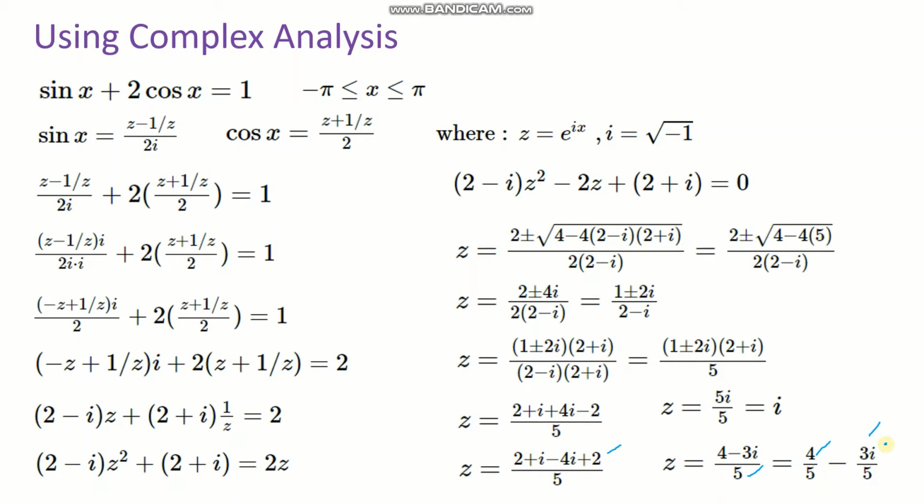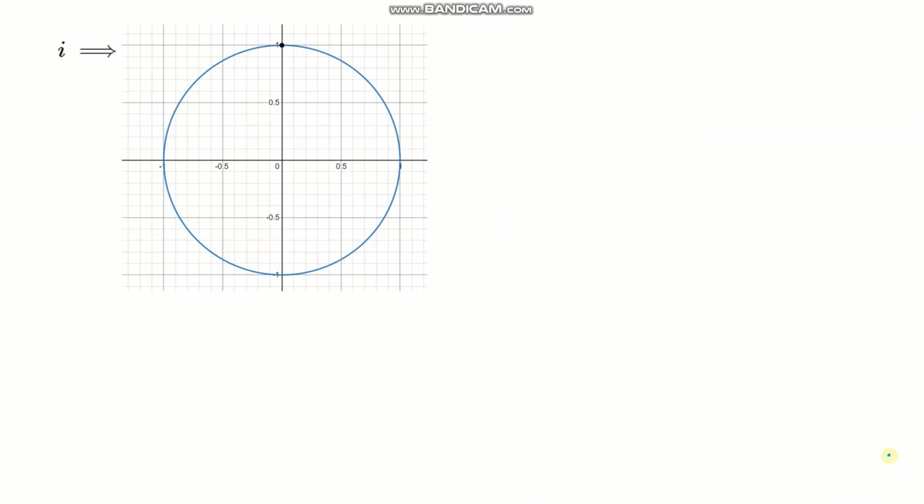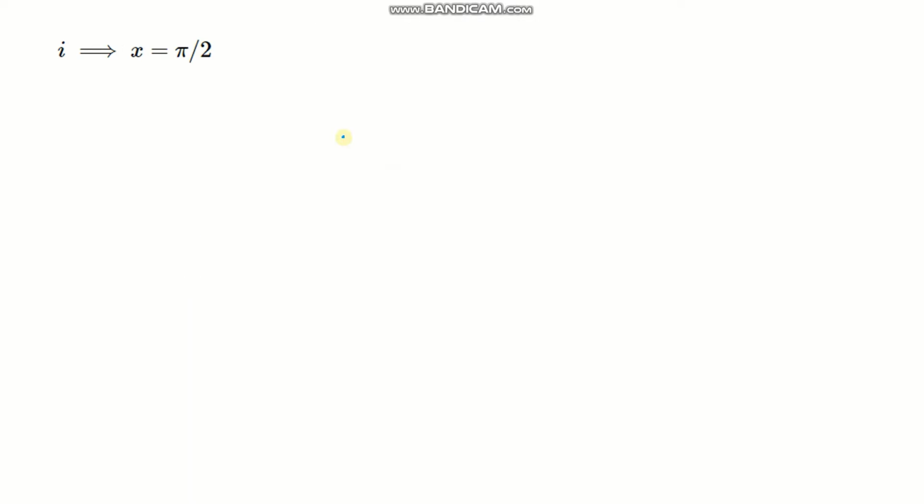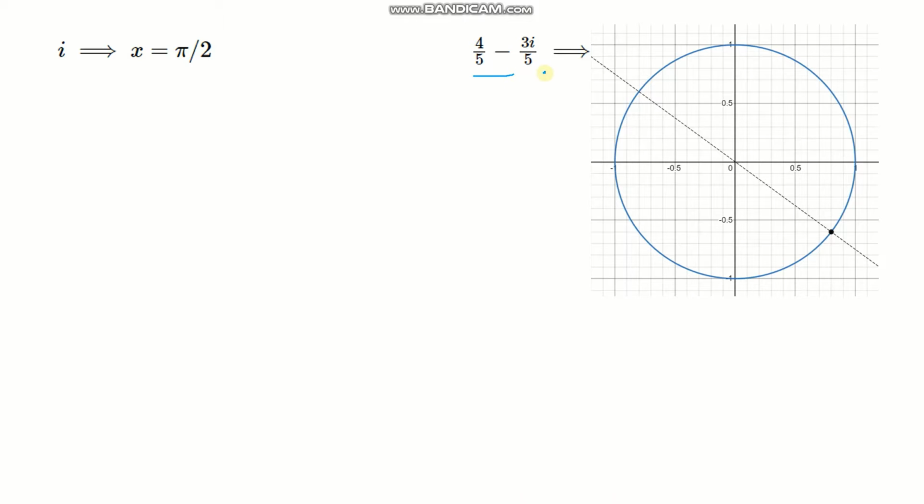In complex analysis, what do z equals i and z equals 4/5 minus 3i/5 mean? i in the complex plane denotes the point at 0 and positive i. The angle made by the positive x-axis towards i is pi over 2. Hence, we have a solution of pi over 2 using complex analysis. z equals 4/5 minus 3i/5 denotes the point in the complex plane having coordinates of 4/5 and negative 3/5.